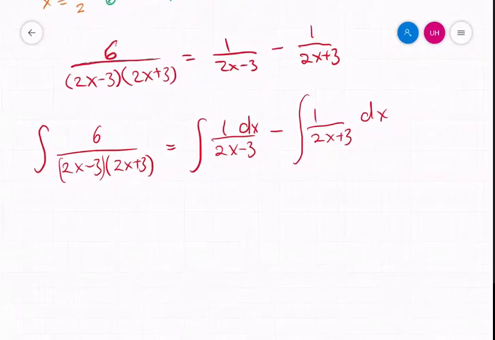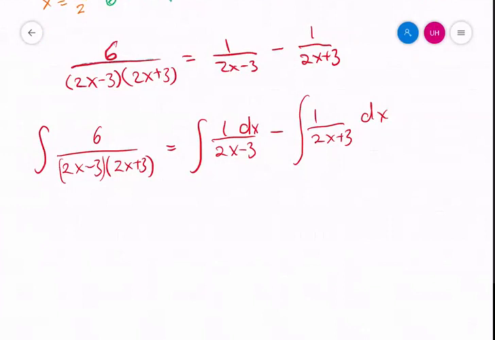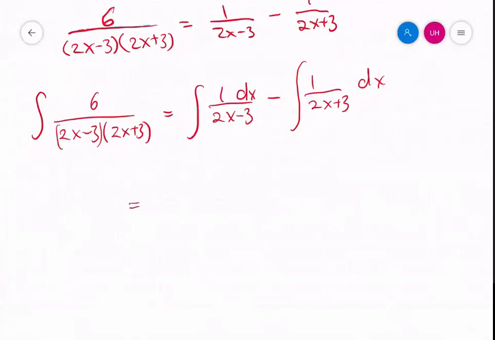Right, so now at the denominator, we have 2x minus 3. What's the derivative of the 2x? It's 2, okay? So we will write it as ln of 2x minus 3, and we divide by the derivative of the 2x, so that means 1 over 2.